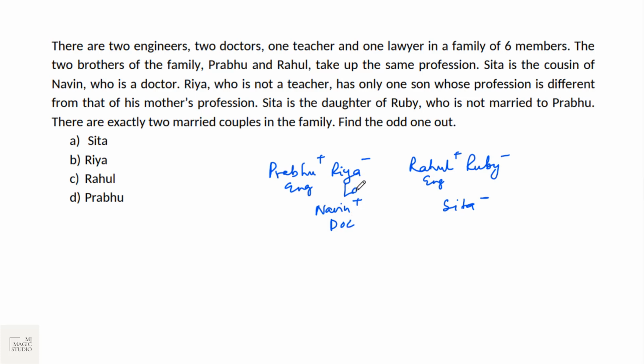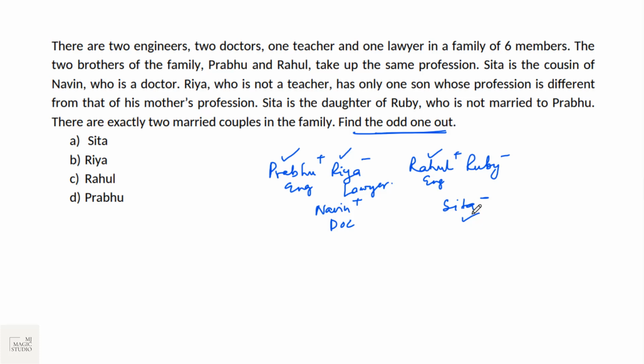Rahul engineer, Prabhu engineer, Naveen doctor, and Riya is lawyer. So now what is the question? Find the odd one out. Sita, Riya, Rahul, Prabhu. So out of these 4, which would be the odd one?